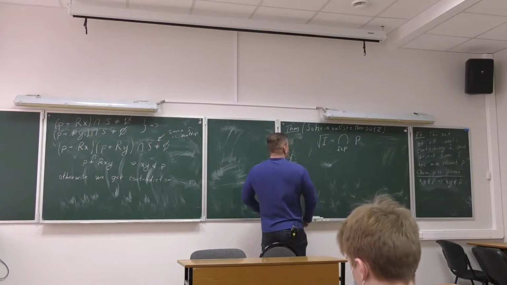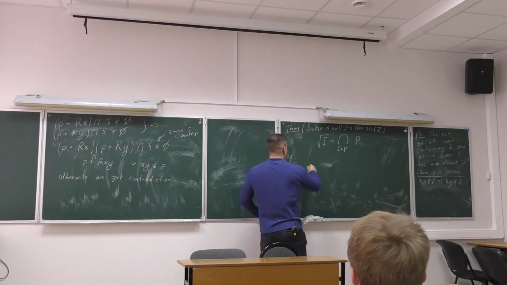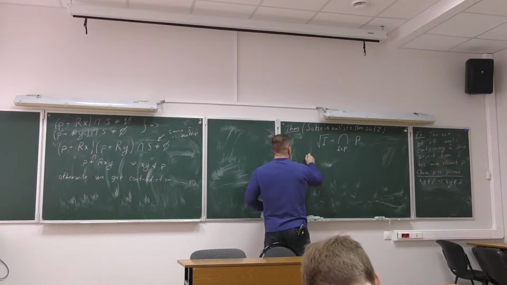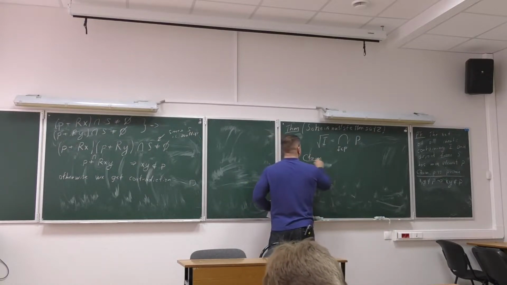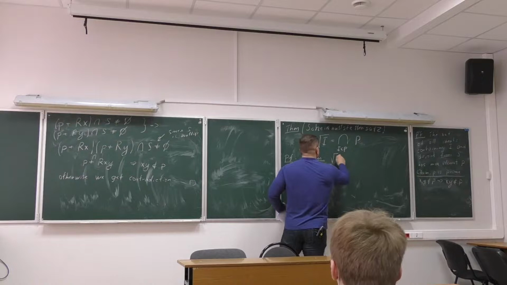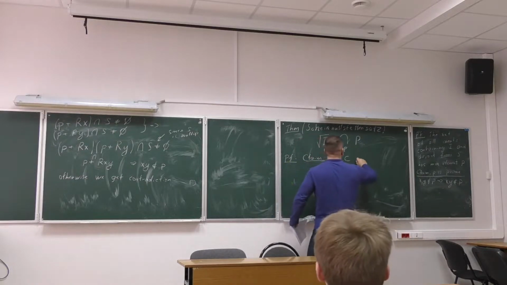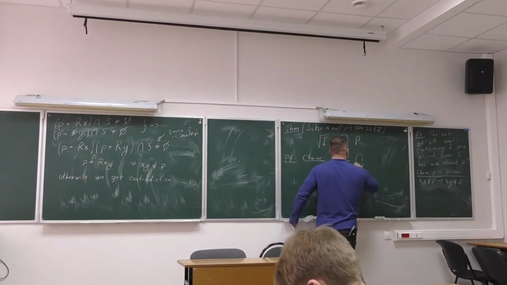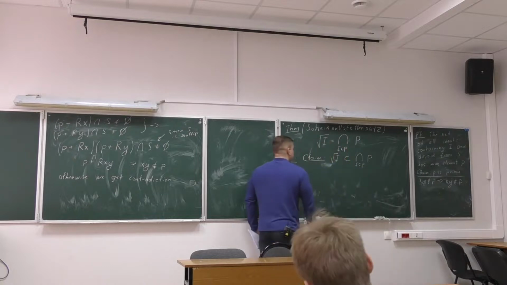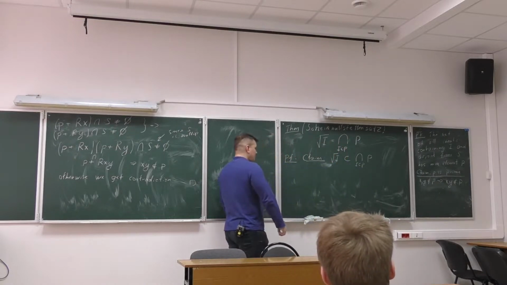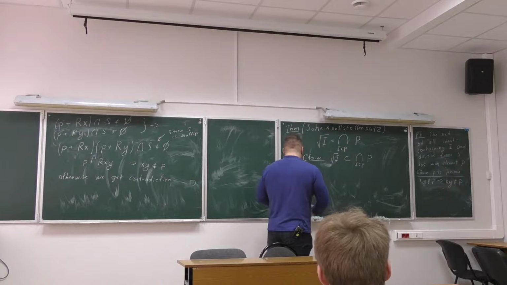Okay, so the first step is the following. I want to show, so the first claim is that the radical is contained in this intersection of all prime ideals containing the given ideal. So we get inclusion in one direction.